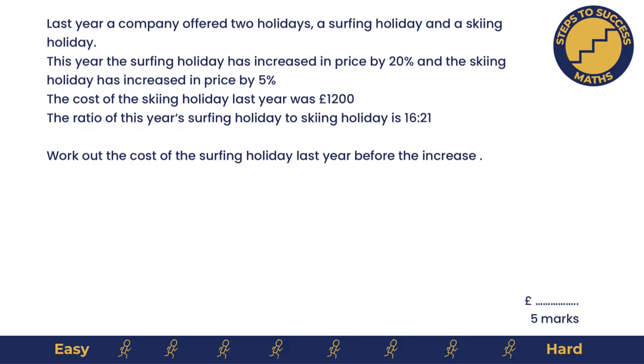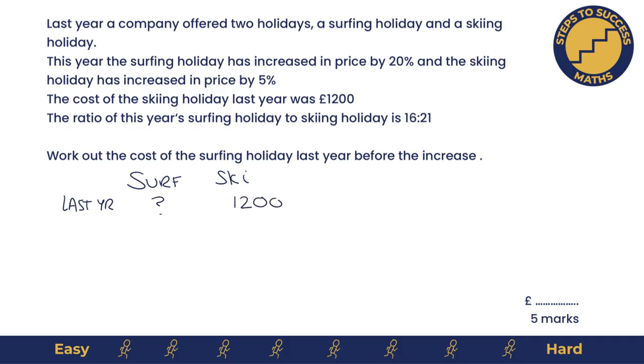So this question is really complicated. There's loads of information. So you need to pick it out carefully. You know you've got 2 holidays, surfing and skiing. You know that last year the cost of skiing was £1,200 and you don't know the cost of surfing.